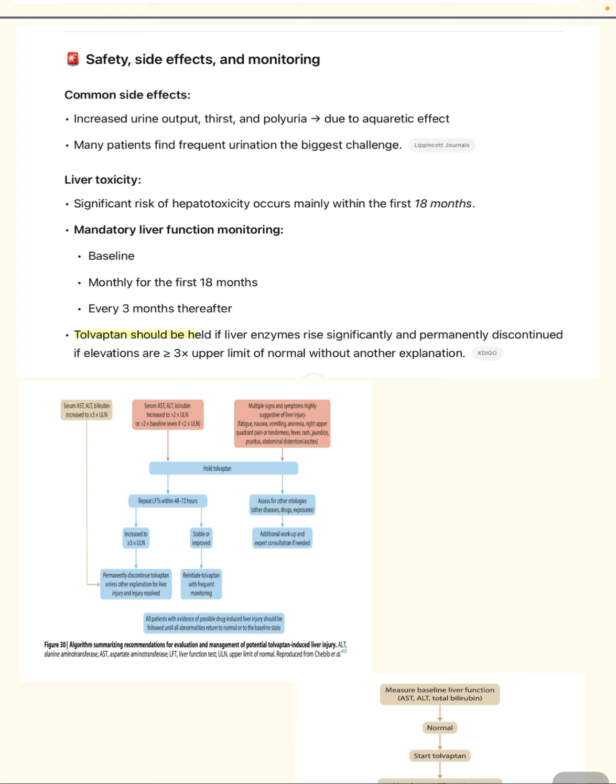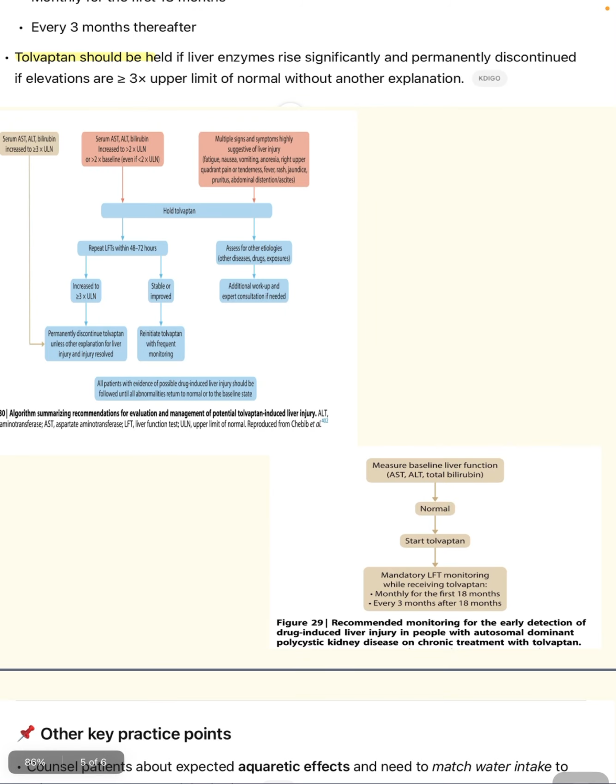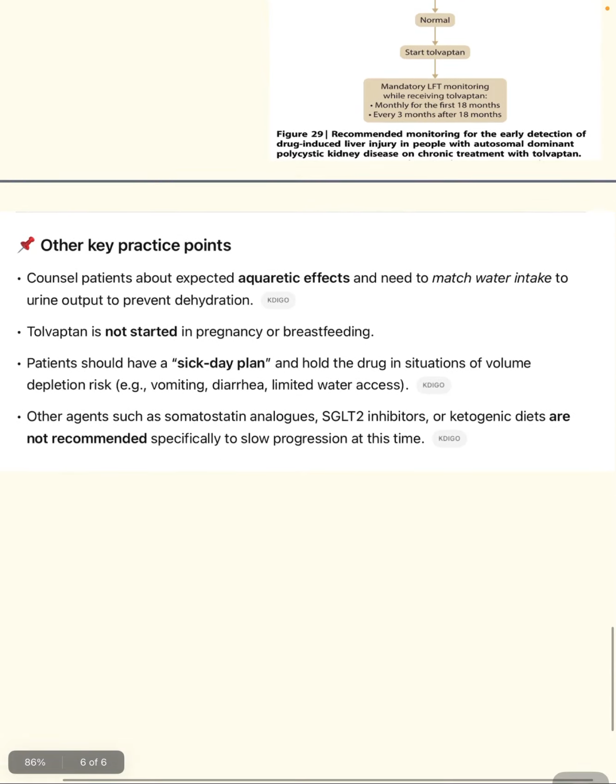Tolvaptan should be held if AST and ALT rise more than 2 times from baseline, and if ALT or AST rise more than 3 times the upper limit, then discontinue the drug permanently. Actually, most liver injury occurs in the first 18 months, so frequent monitoring is needed during this time.